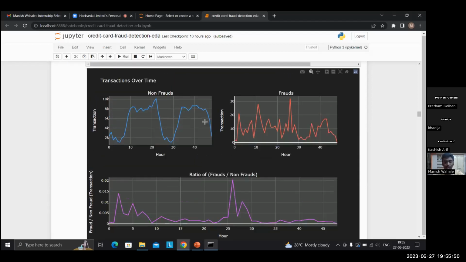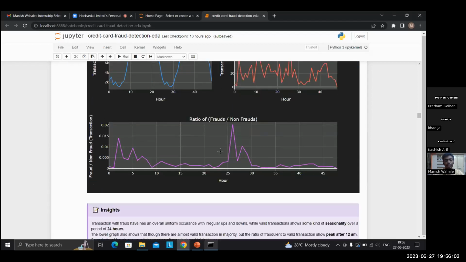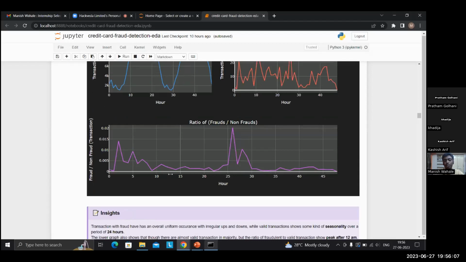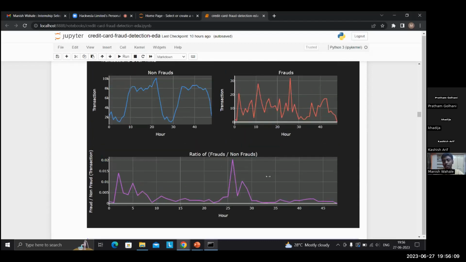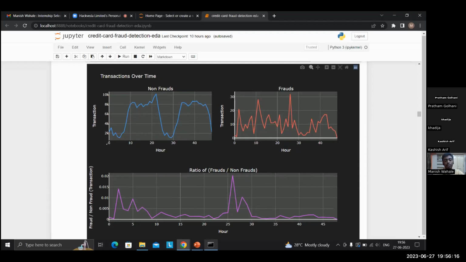And for more precise checking, I have divided the count of fraudulent and non-fraudulent transactions and gathered the ratio. We can also see that the peaks are from 0 to 10 and from 25 to 30. Here is the most important thing we can take from that. Here 0 to 6 means the midnight hours, and also from 26 to 30, which are also midnight hours.